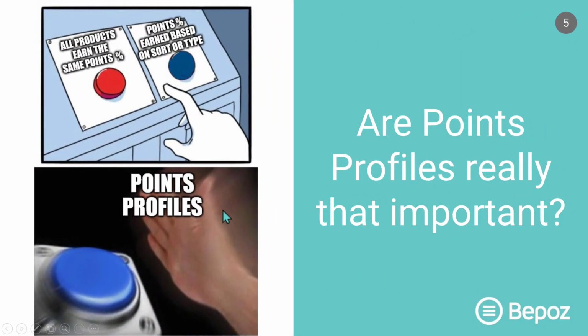So I mentioned points profiles several times there, and it's important to reiterate their importance. Now, because they sit at the global level, a points profile is going to set the base level of points that are going to be used for either earning or redeeming points. That foundation of points percentages can be set per product sort or product type, meaning that different product sorts or types can have different points percentages built into a points profile.